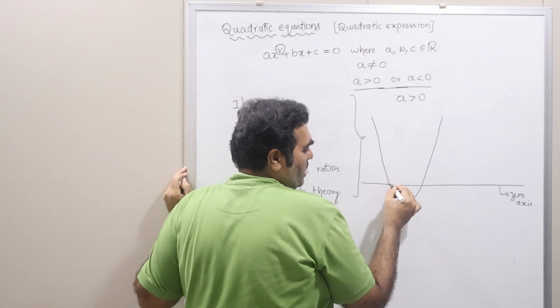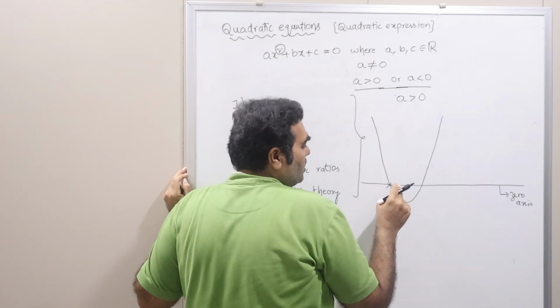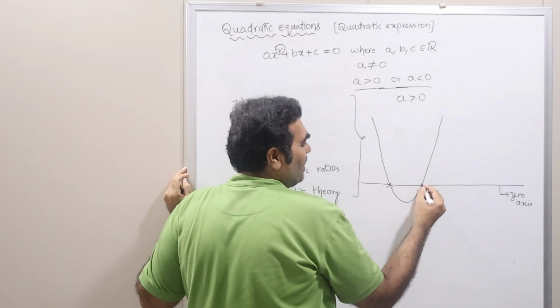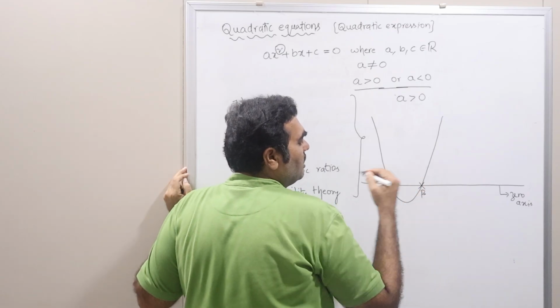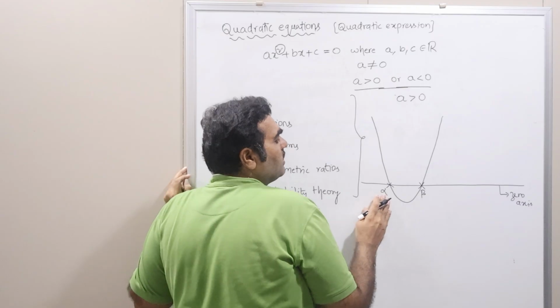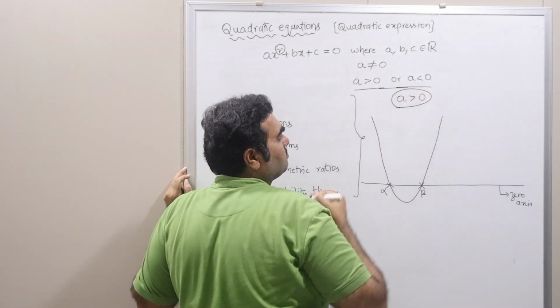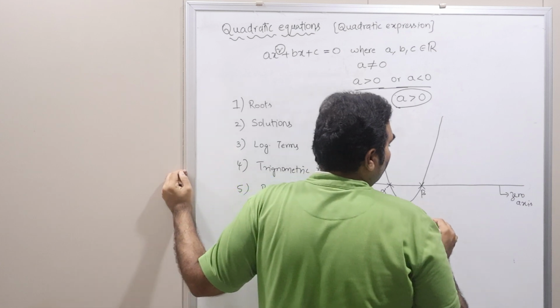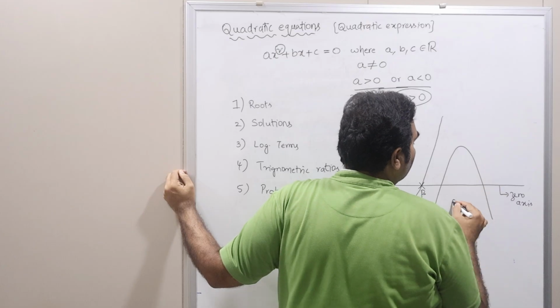This is a parabola, and the points where the function f of x intersects with the 0 axis are called the roots of the given function. Here I am designating the roots with alpha and beta, and this is the case when a is greater than 0. Now let us consider the other case where a is less than 0.